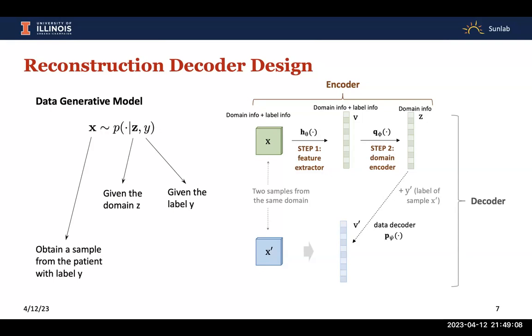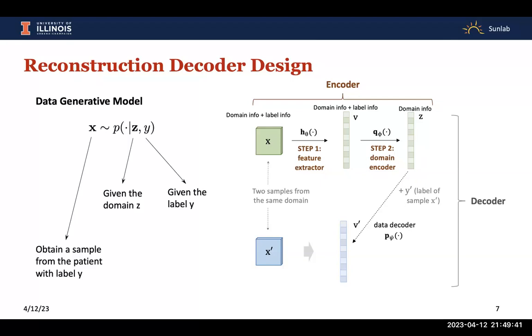Let's see the first pipeline, the upper pipeline, the same one we have shown before. X contains the domain information plus label information initially. We extract its features using H. The feature representation V still contains domain information and label information. And we use this Q neural network to get the domain representation Z. And then the cool thing happens.